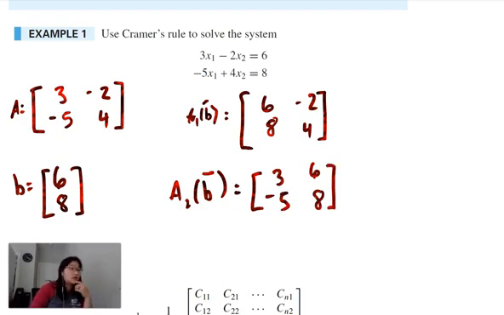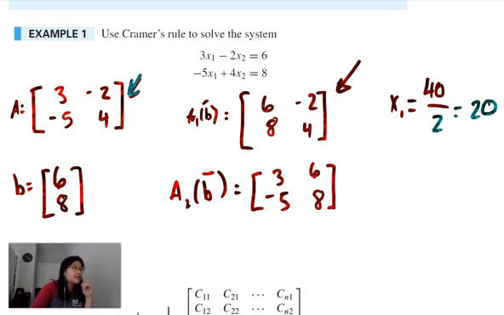And so x1 is going to be our determinant of this, which is 24 minus -16. So that's 40 divided by our determinant of A, which is 12 minus 10, which is 2. So x1 is 20. And then we have x2.